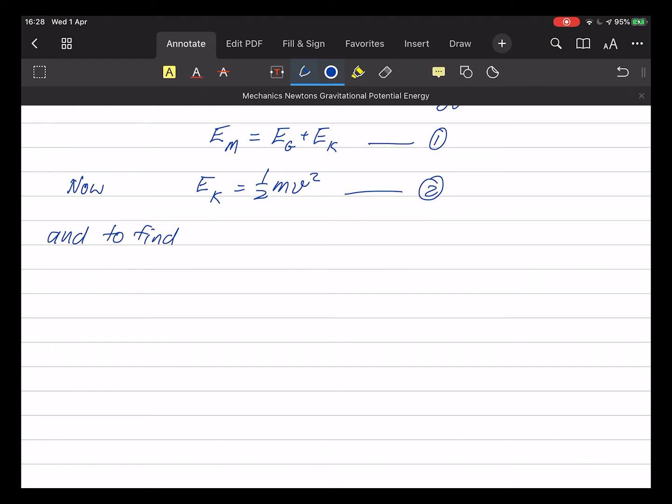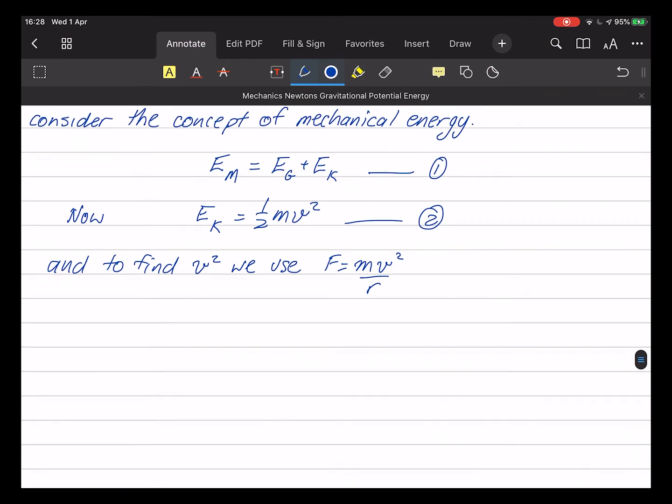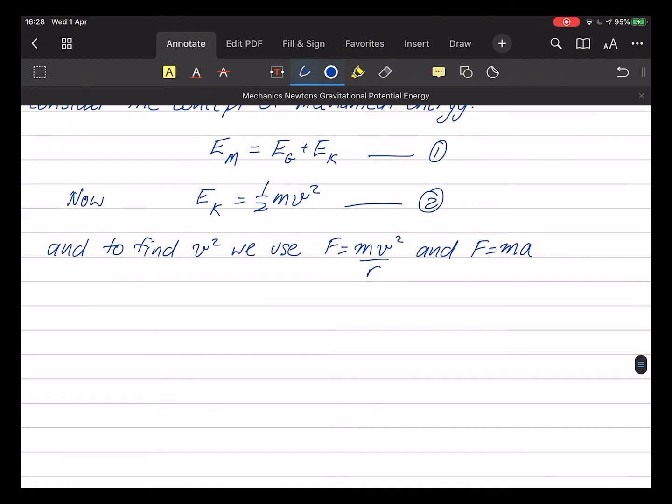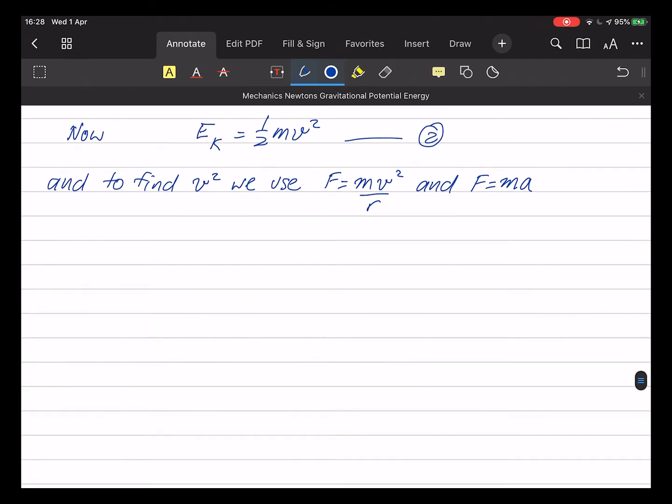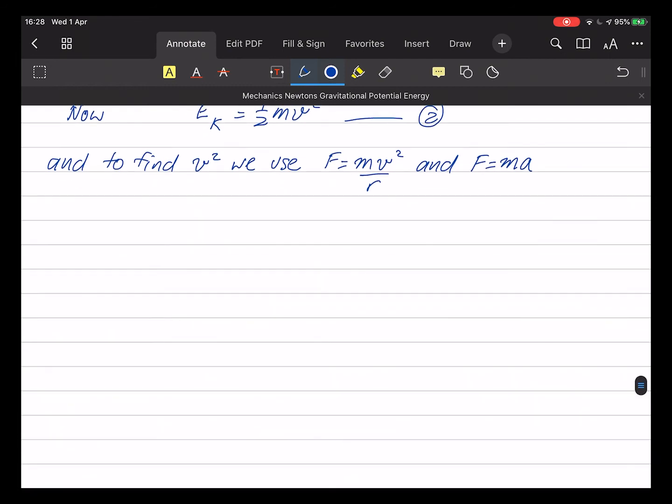And to find v squared, let's use our formula for centripetal force, mv squared on r, Newton's second. We've done this before.